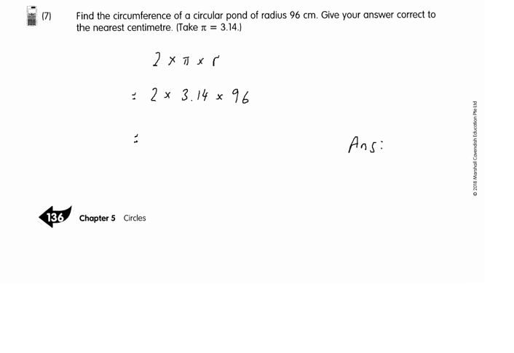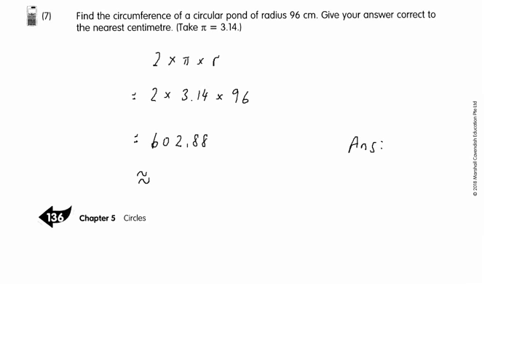Do you all get 602.88? Yes. Is that the final answer? So you need to put an approximate sign, right? So nearest centimeter. Okay, nearest centimeter. Sky, what's the nearest centimeter?